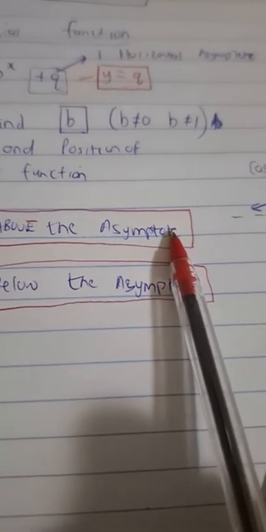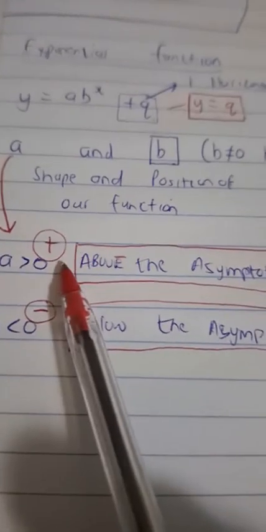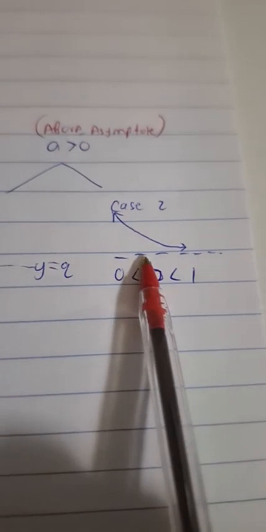And that means when a is greater than 0, expect this shape. When a is greater than 0, but b is between 0 and 1, the function is still above the asymptote, but instead of being an increasing function like this one, it is a decreasing function, whilst it is above the asymptote.